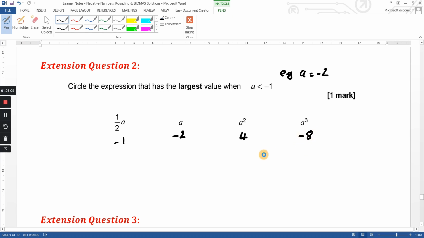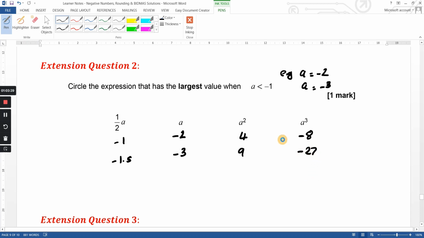So the largest one is a squared, isn't it? Definitely. If I had minus 3, what would that give me? That would be minus 1.5. Obviously that's minus 3. That is 9. And this would be minus 27.